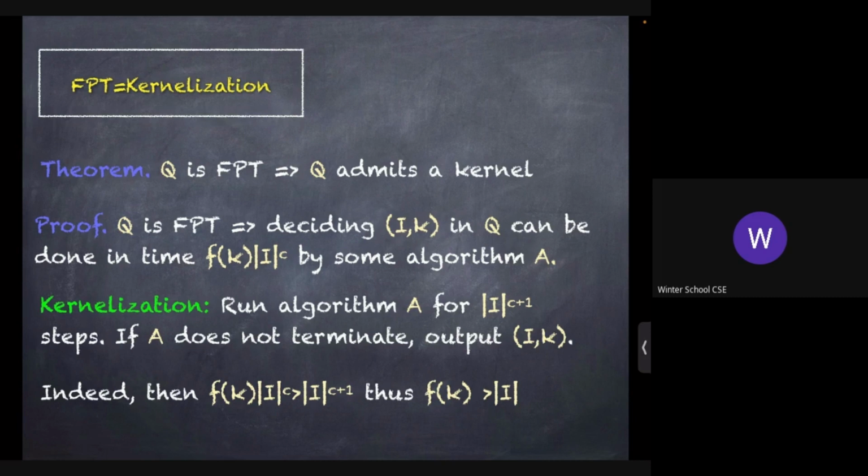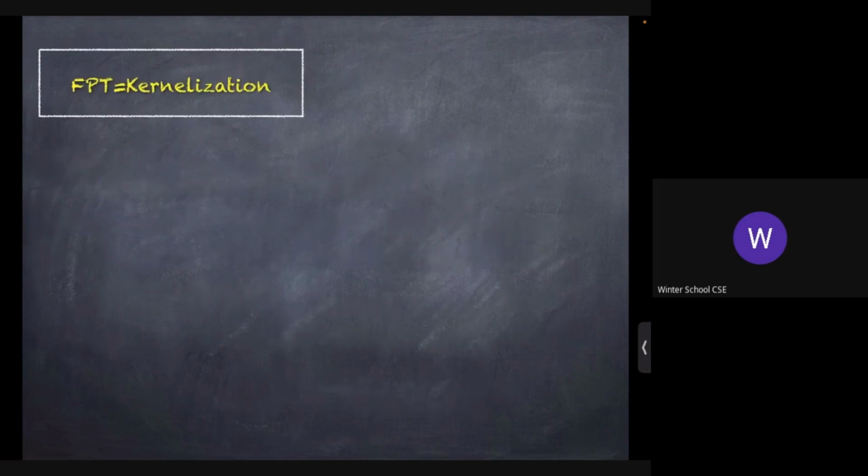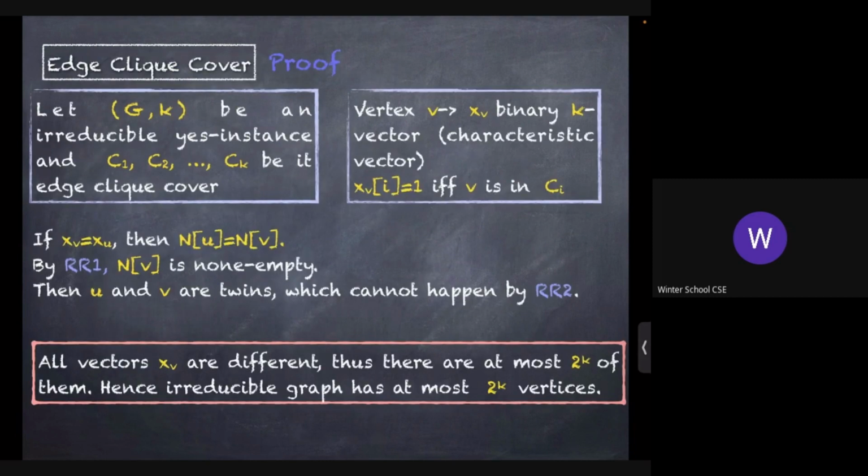But this means that f of k is larger than |I|. This means that if I just give you the input itself, the input size is bounded by some function of k. Right?